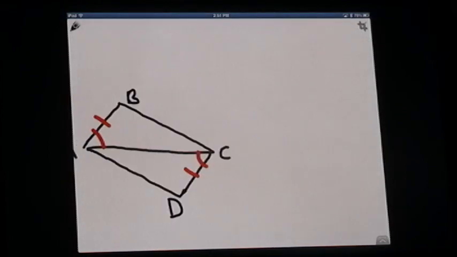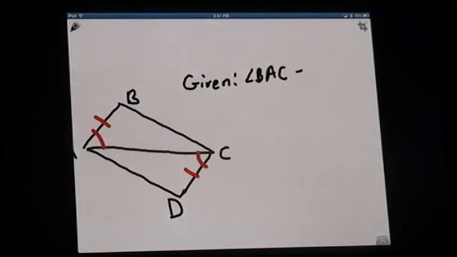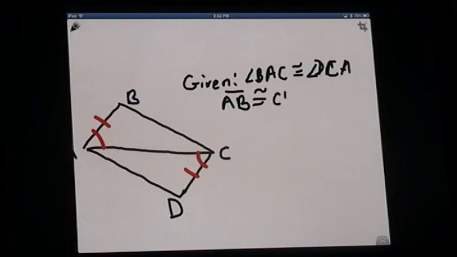Okay, we have given angle BAC is congruent to angle DCA, and AB is congruent to CD.